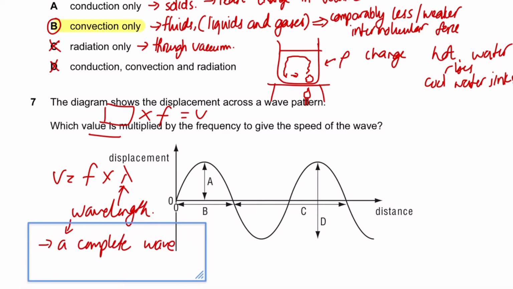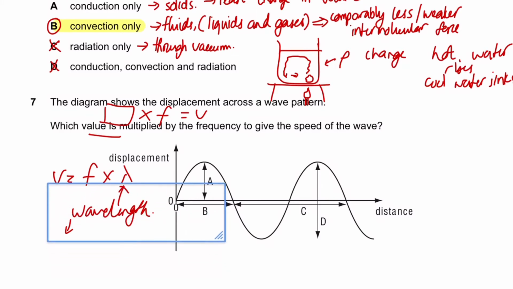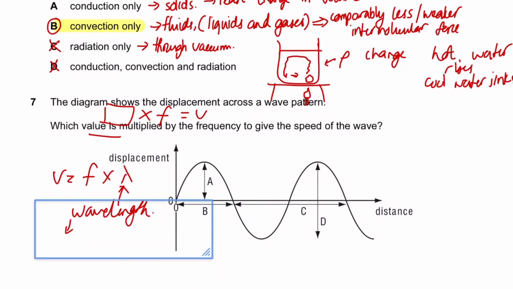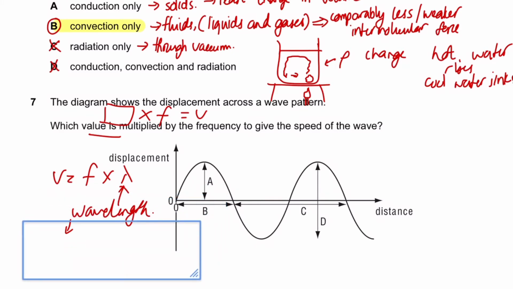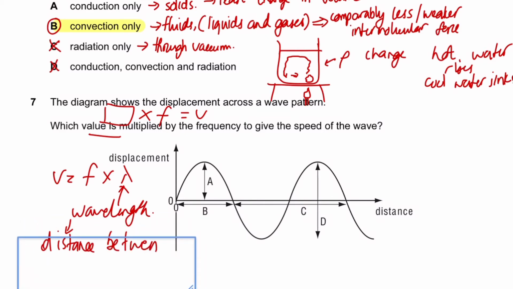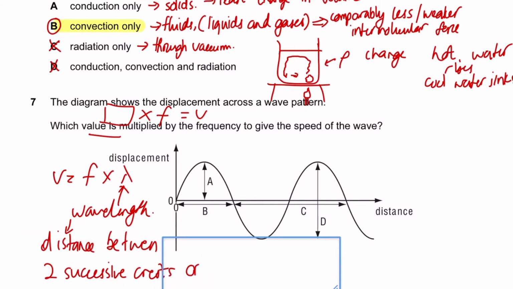Okay, the correct term will be, okay, let me redo that. Wavelength is defined by the distance between two successive crests or troughs.